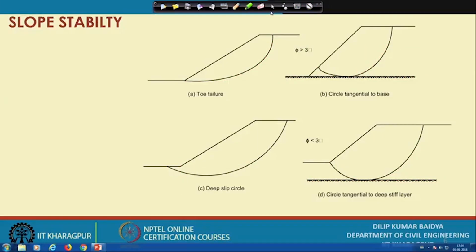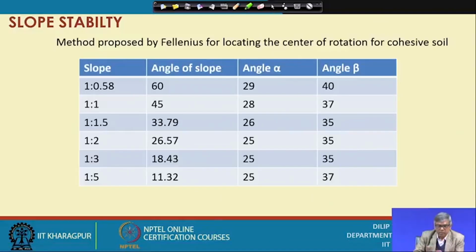Next thing is, if it is a cohesive soil, then we can find out the center quite easily by a method proposed by Fellenius.